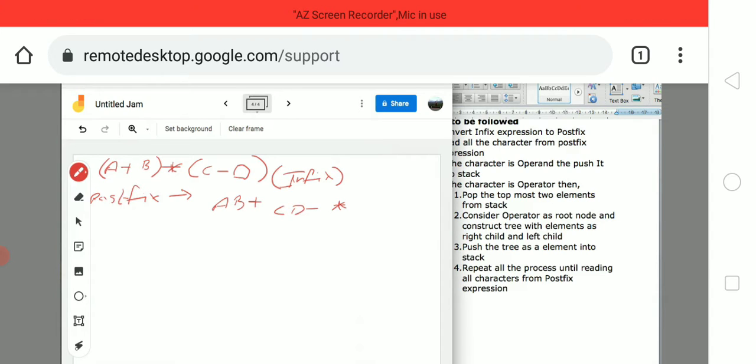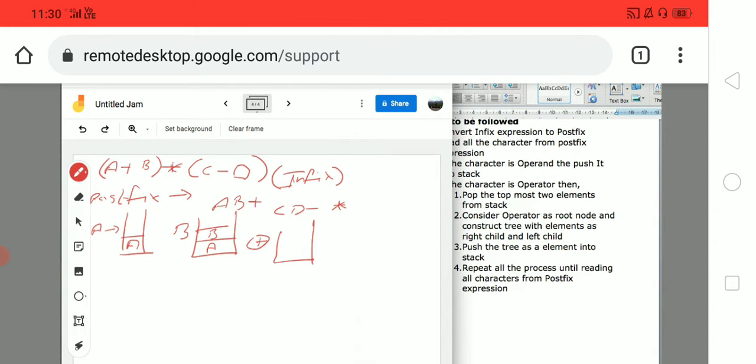Here the first element is A, so we have to push this into the stack. After that B. After that we have the operator. What happens if an operator comes?